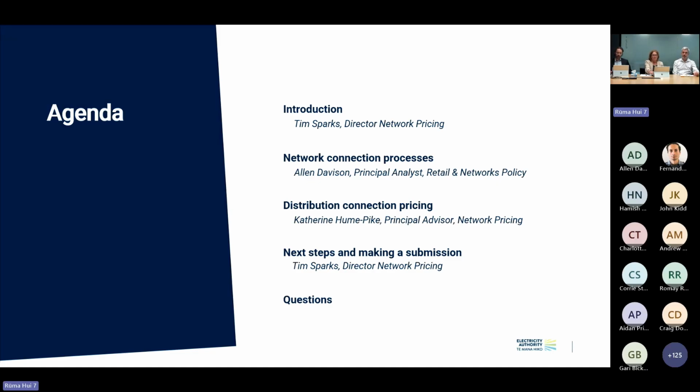Currently the rules around connection pricing methodologies are very light touch, which is out of step with what's happening in other jurisdictions like Australia and the UK. It's also allowed some issues to crop up that are creating barriers to getting some energy users connected. Issues like high upfront costs that can deter developments from happening or place extra costs on connecting businesses and their consumers.